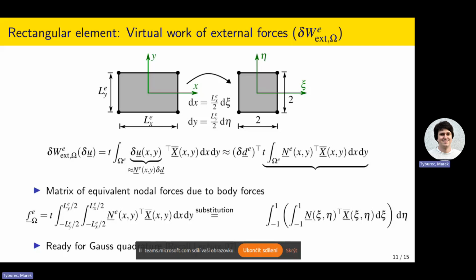But because we did the substitution, we need to account for the changed weights, which means there will be some value here. And the value here will be Lx Ly over 4.